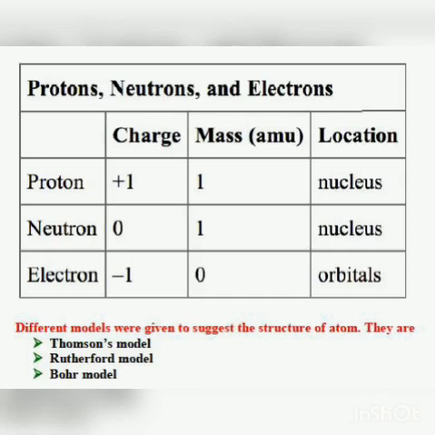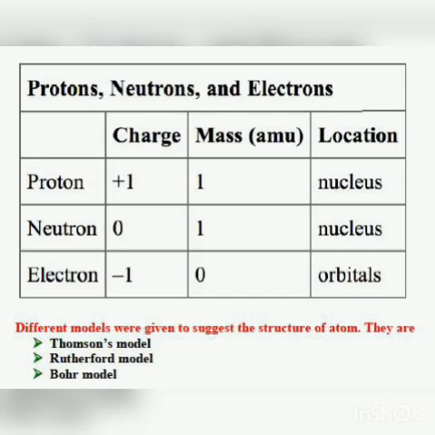Proton has a charge of +1, has a mass of 1 and the location is nucleus. That I will explain you. Okay. Neutron doesn't have any charge, mass is 1 because I told you the mass of proton and neutron is same and it is also found in the nucleus.